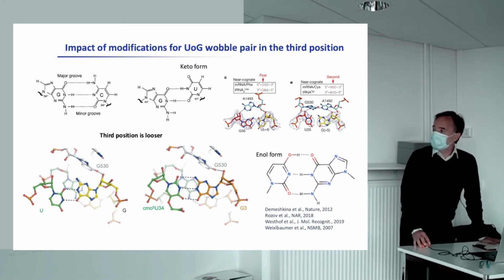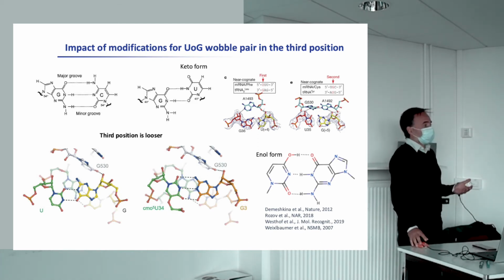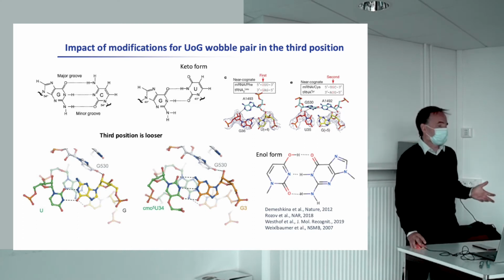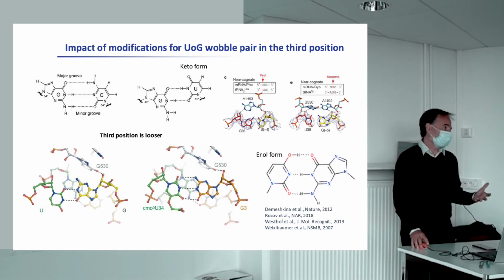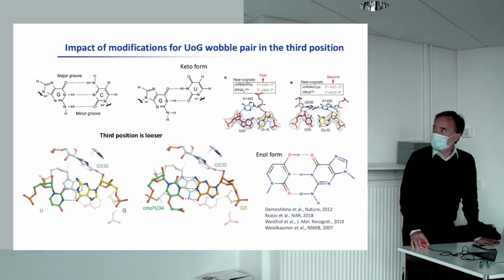How to explain the impact of this modification to switch between this conformation and this conformation? In order to understand that, you need to know that the uridine residues may exist in two different forms. The classical one is the keto form. But it is also possible to have an enol form.